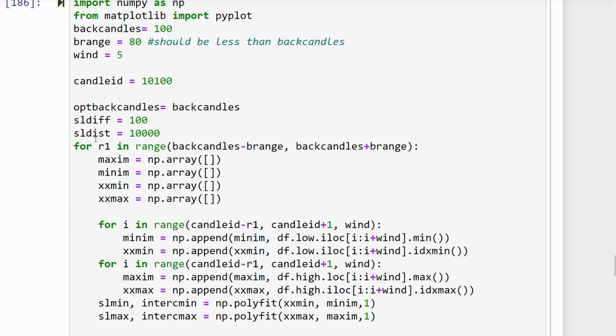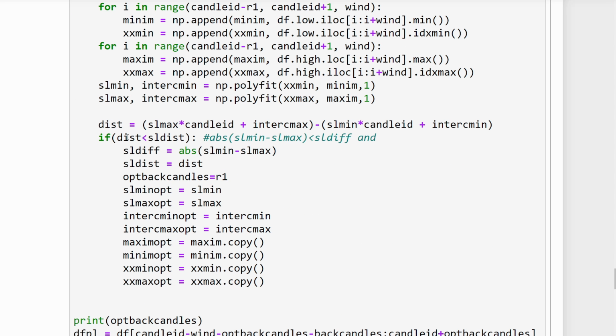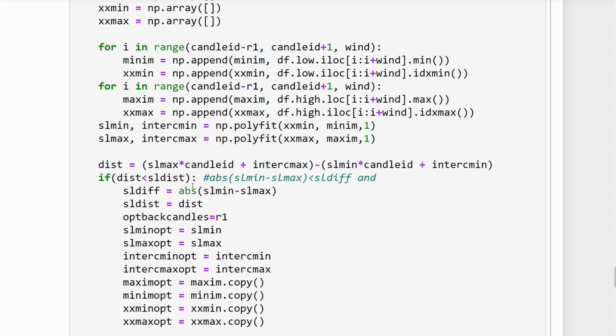So in this case, we are going to repeat exactly the same thing we have done before. And instead of looking for the minimum difference between the slopes that we have used previously, we are going to check for the minimum distance separating those two slopes. So this is the distance as it should be calculated.